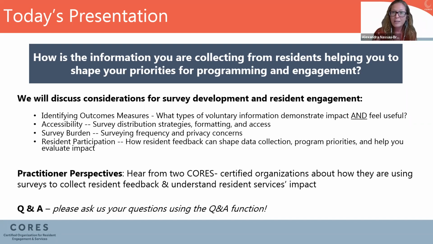It's a lot of time and energy, and it's voluntary information. So being thoughtful about how and when we're asking residents to engage with us. And again, that larger series of questions around how are residents included in figuring out what measures are important, how to shape priorities, and how to make meaning out of that information when you do get it back through a survey.